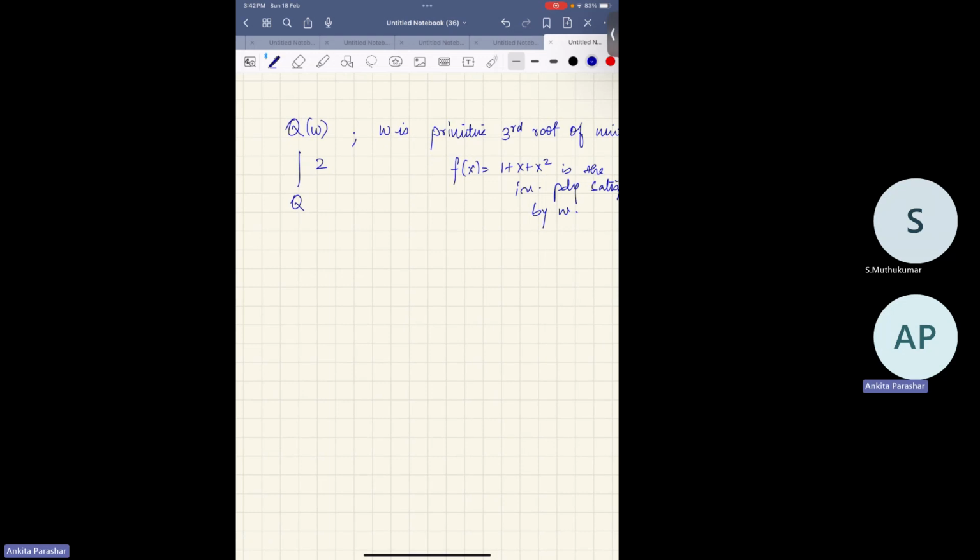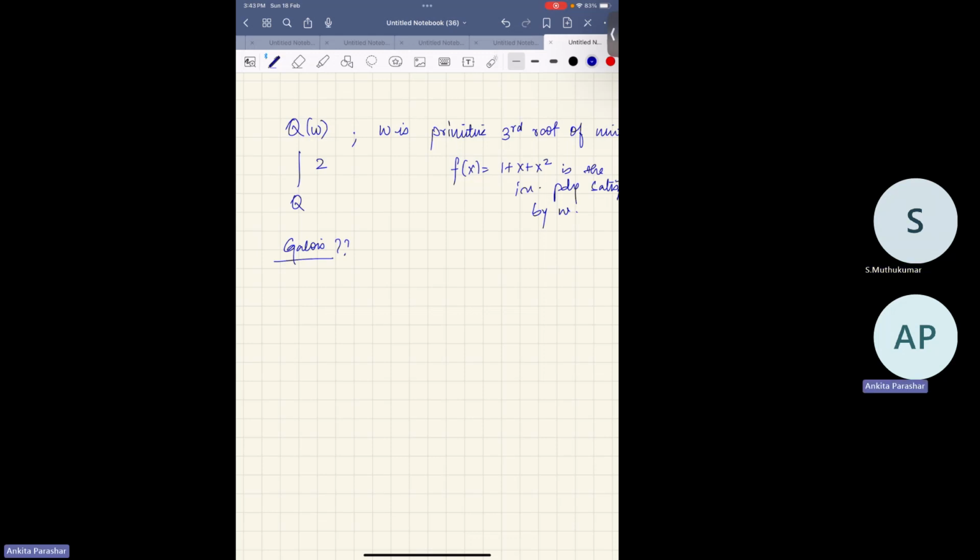Now, what we are looking for is the Galois group. So is it Galois? First of all, is it Galois? I'm saying there is no need to check whether it is Galois or not. Can you justify why? We have to find what the elements in the Galois group are.